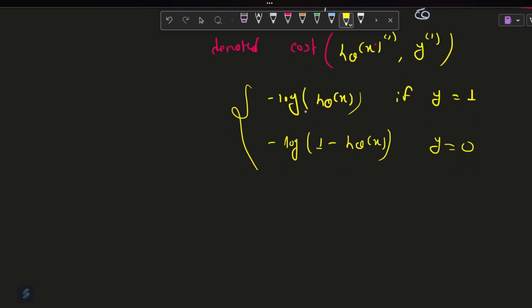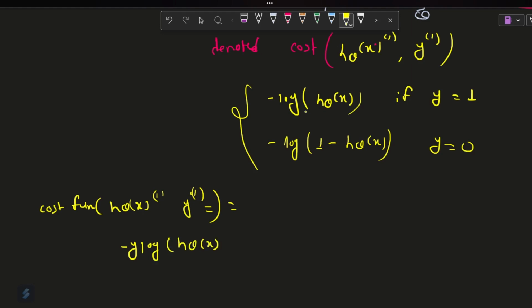Okay, so let's start with the cost function. The cost function with respect to h theta of x^(i) and y looks something like minus y log of h theta of x, minus 1 minus y, times log of 1 minus h theta of x, right?